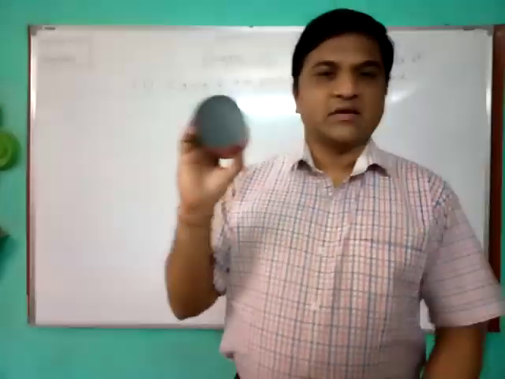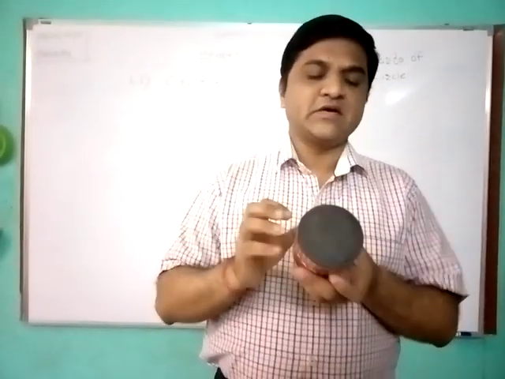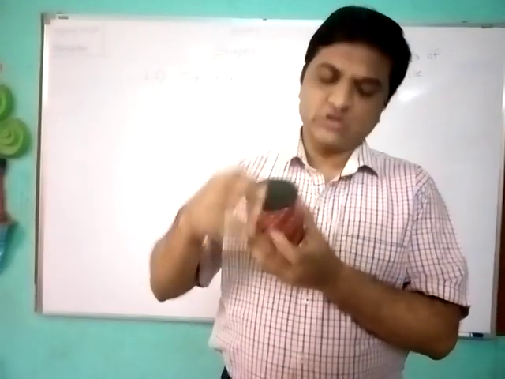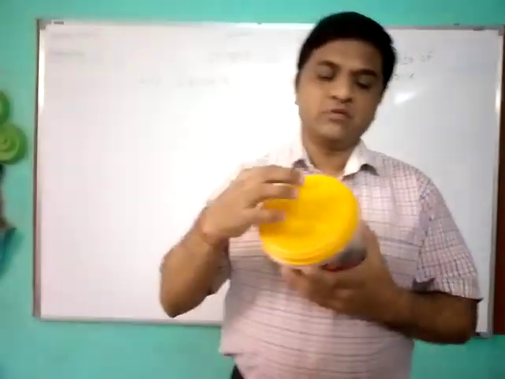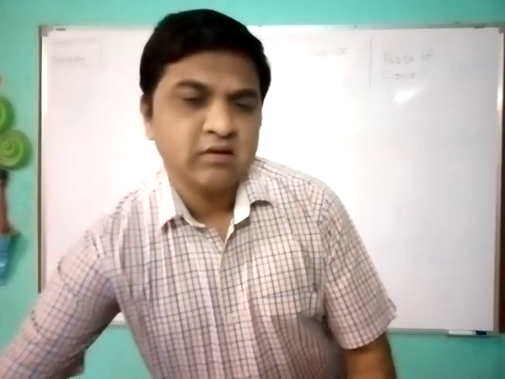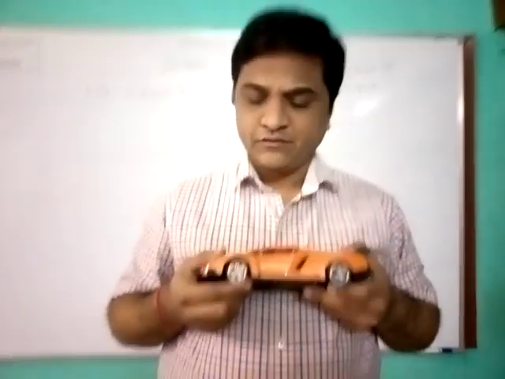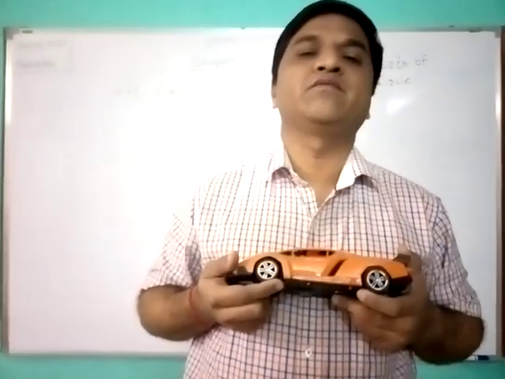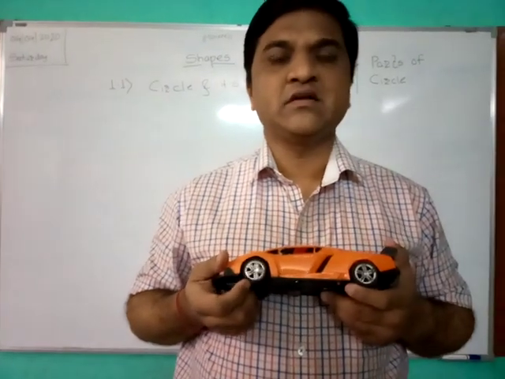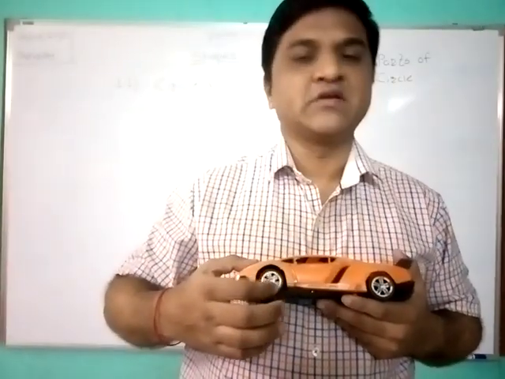Many a times the packing boxes which we see are perfect circles in shape, caps of jars, and an important thing, we find that the wheels of vehicles are in the shape of a circle.